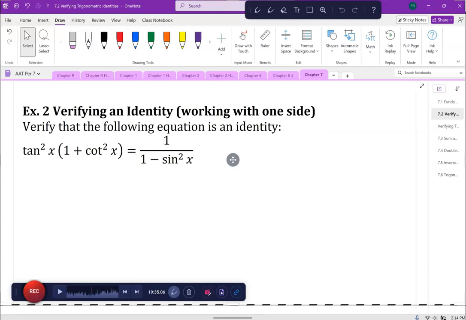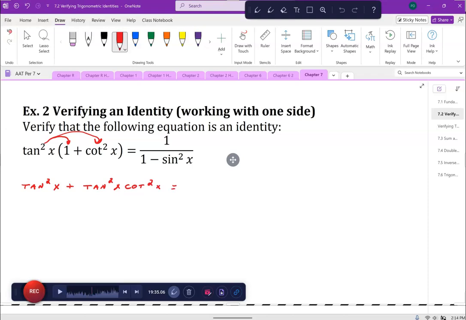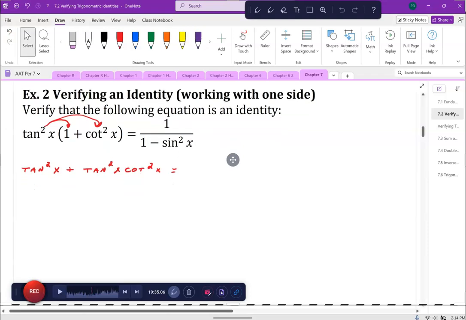The reason I say that is because if I distribute this, I'm thinking something good is going to happen. So I have tangent squared x plus tangent squared x times cotangent squared x, and equals the right-hand side. I'm not going to rewrite it.